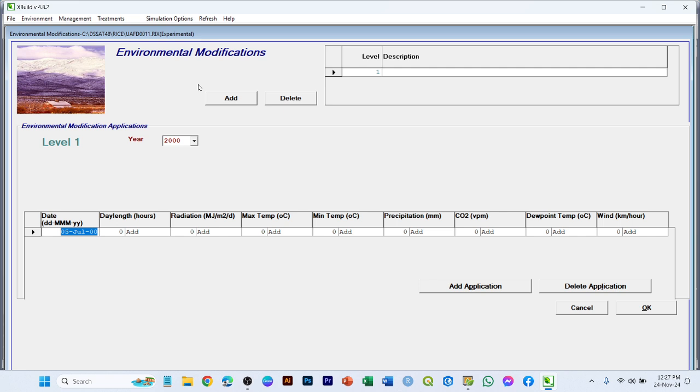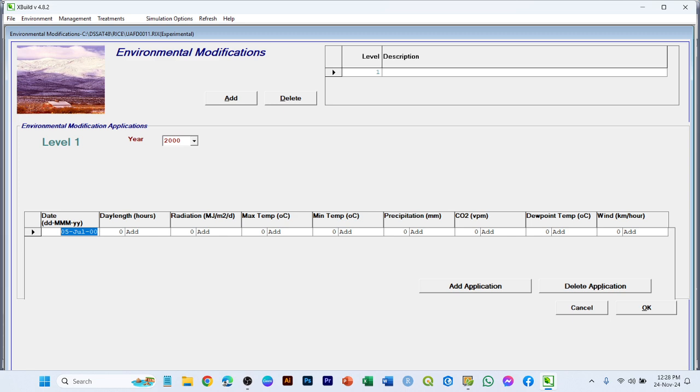If we have the concentration of CO2 right now, who will tell me what the condition of CO2 is right now, overall in the atmosphere? You can search on Google. Just Google it. 400? It is 422 ppm right now.